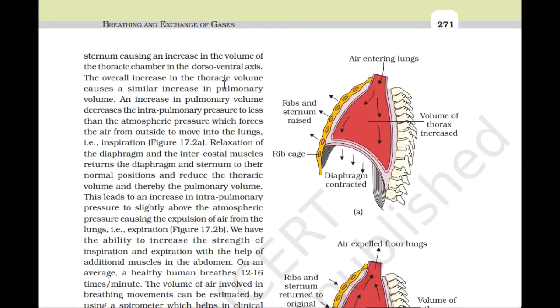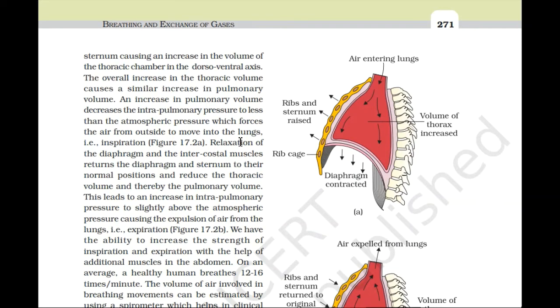The overall increase in the thoracic volume causes a similar increase in pulmonary volume. An increase in pulmonary volume decreases the intrapulmonary pressure to less than the atmospheric pressure, which forces the air from outside to move into the lung.